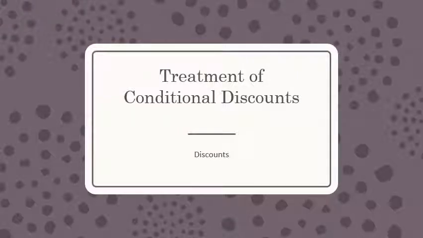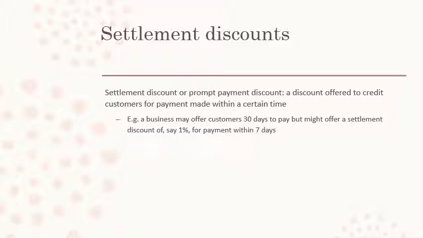Now that we've had a look at unconditional discounts, we'll start looking at conditional discounts. Now, the main type of conditional discount is a settlement discount. And these are discounts that are offered to credit customers in order to encourage those customers to pay earlier than they need to.